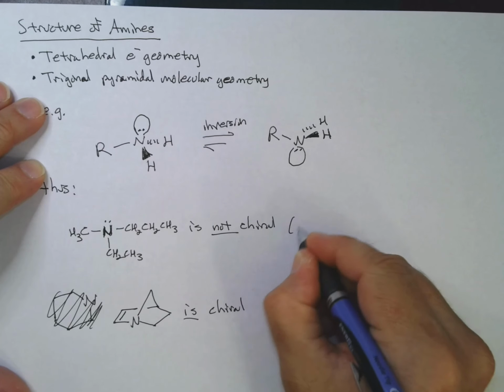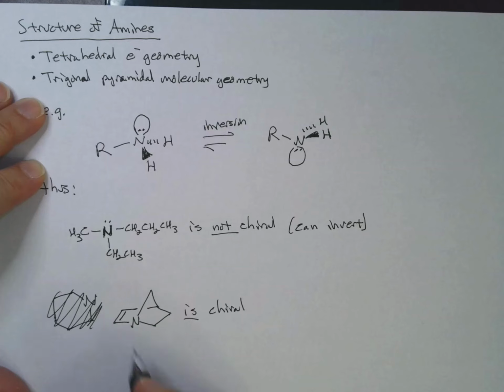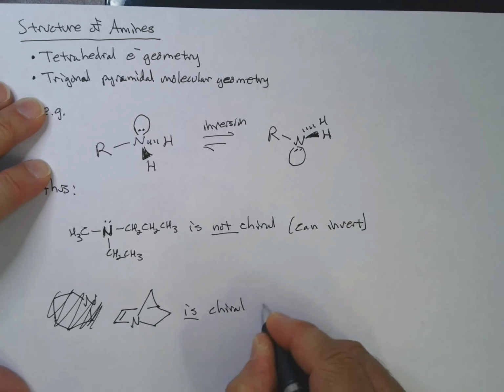Okay, so this guy can't invert. This nitrogen here has 4 different things. It's got the carbon that's double bonded to another carbon, a CH2 that's bonded to another bridgehead, and then a CH2 bonded to the bridgehead. So those are 3 different things, plus the lone pair is 4 things.